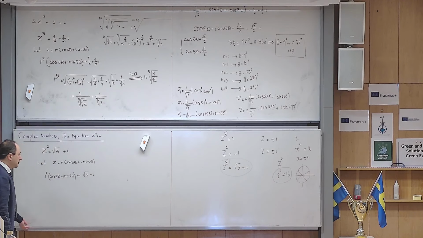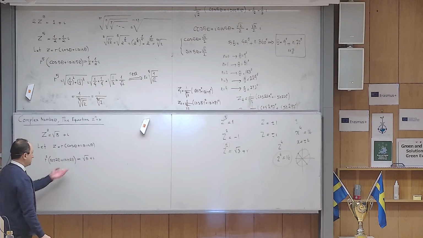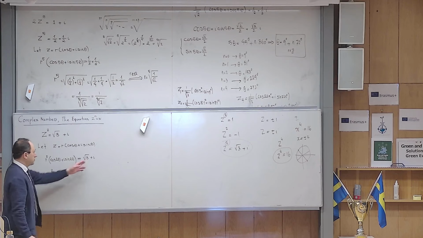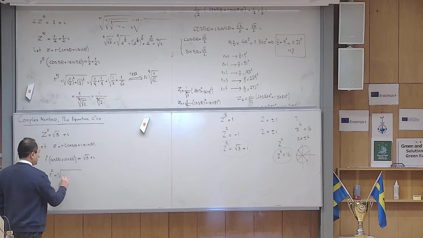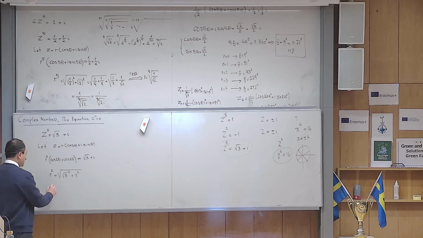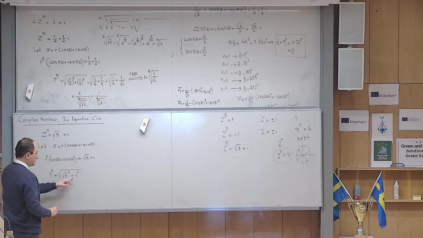Then I compare the absolute values. Absolute value on the left becomes r squared. Absolute value on the right becomes the square root of square root of 3 to power 2 plus 1 to power 2. Yes? So r squared becomes equal to 3 plus 1, 4. Square root of 4 is 2.